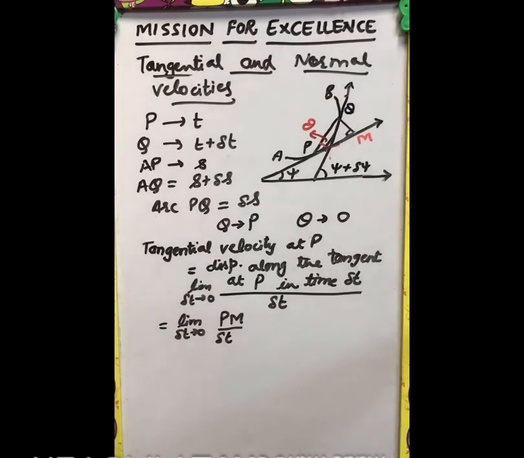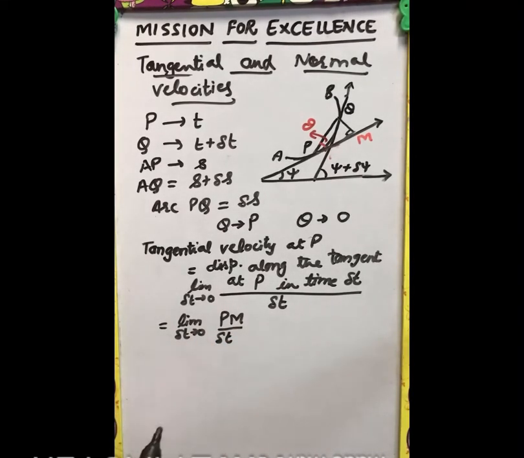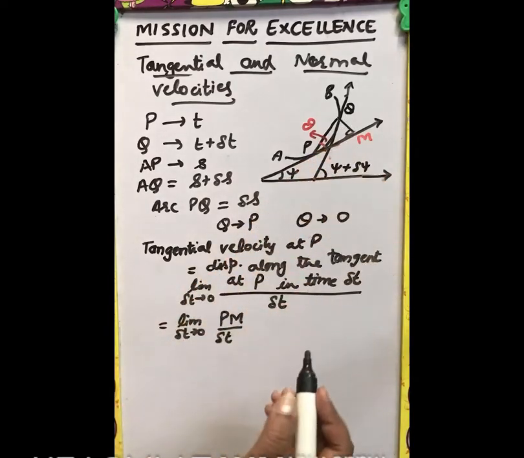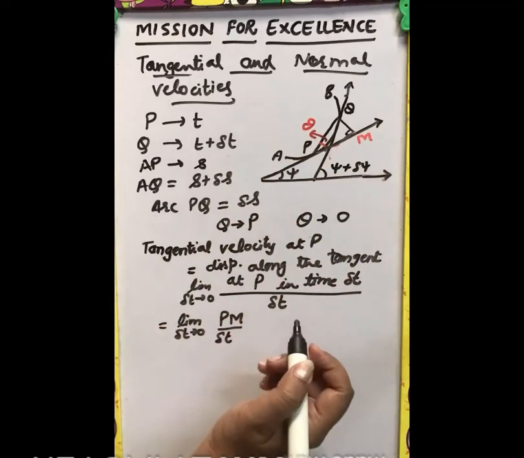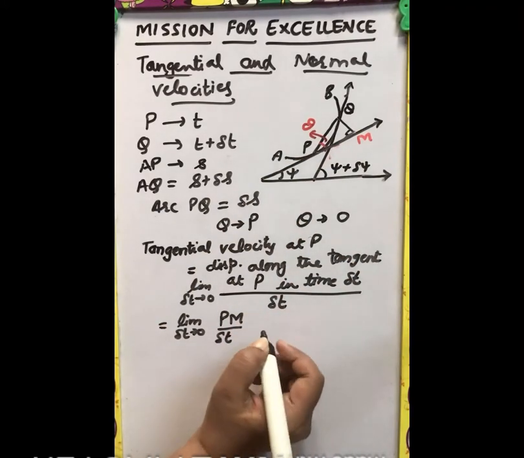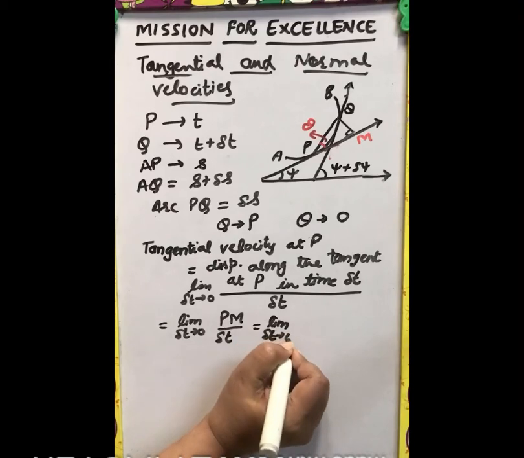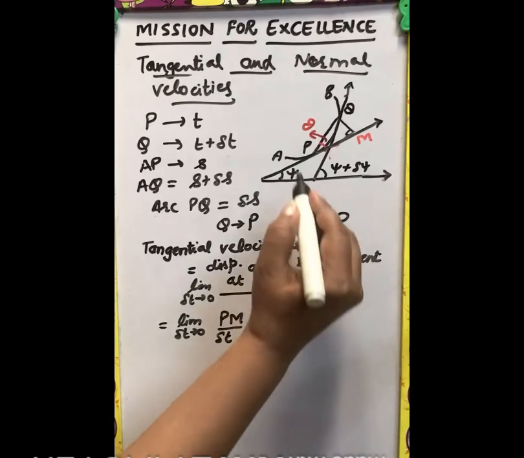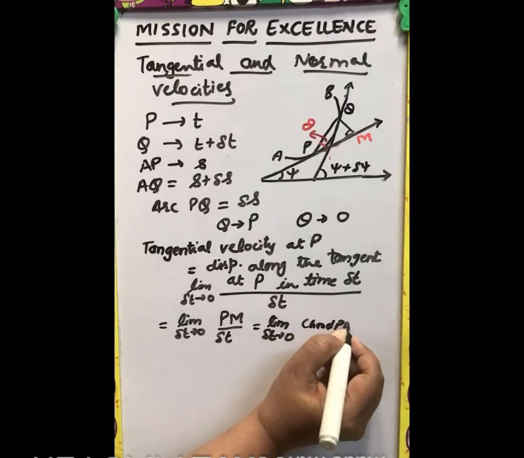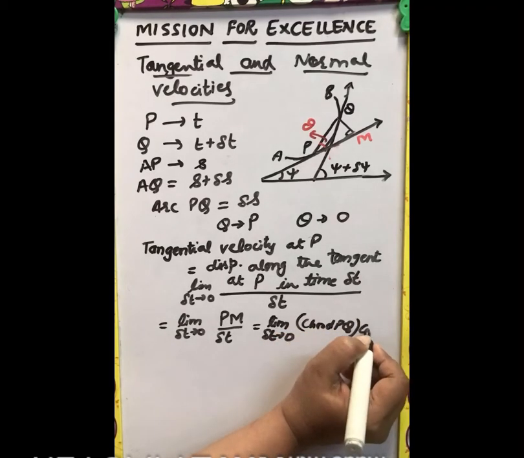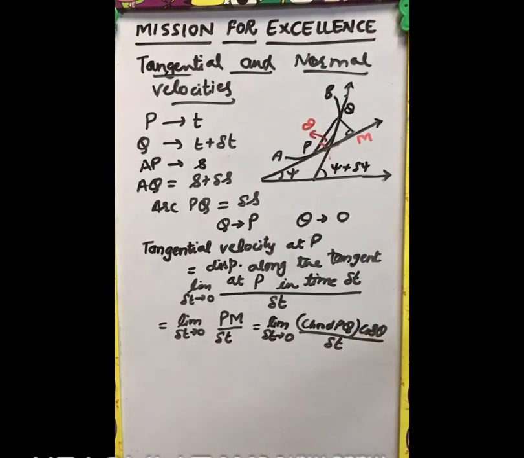Now this PM is nothing but the component of PQ, where PQ is the chord. So it is the component of PQ in the direction of the tangent. So we write this as the limit delta t tends to 0 of chord PQ into cos theta divided by delta t.